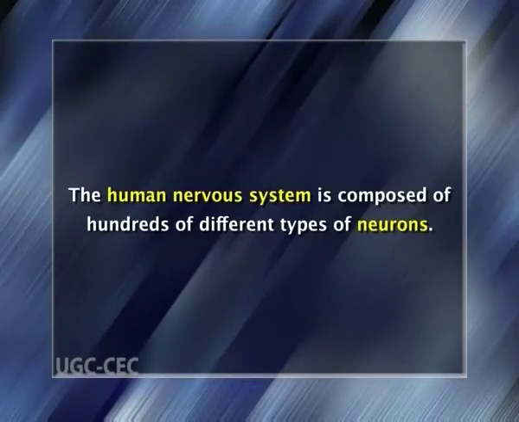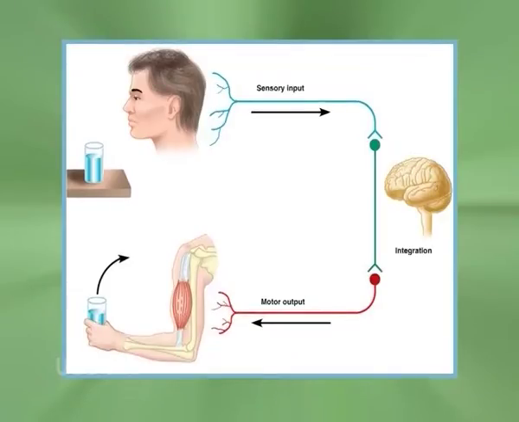The human nervous system is composed of hundreds of different types of neurons. These include sensory neurons that transmit physical stimuli such as light and sound into neural signals, and motor neurons that are responsible for converting neural signals into activation of muscles or glands.